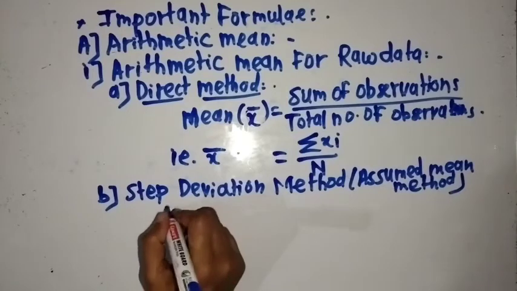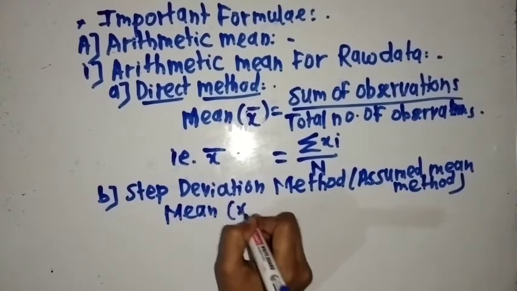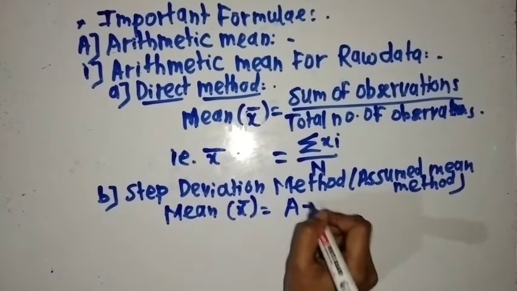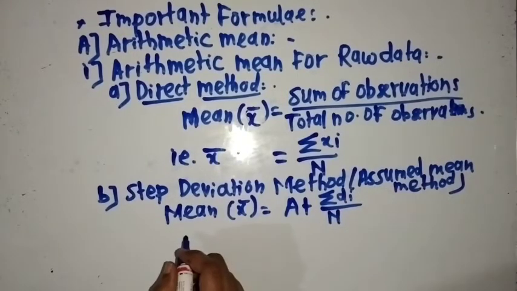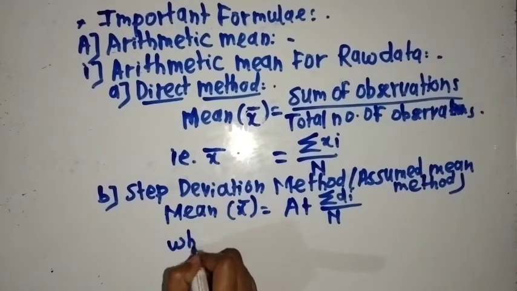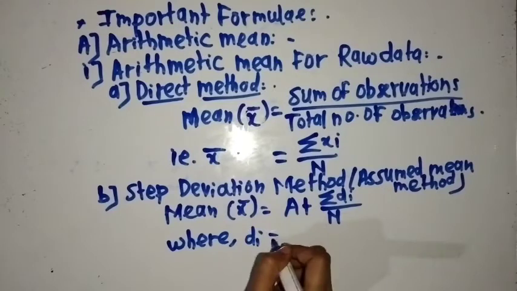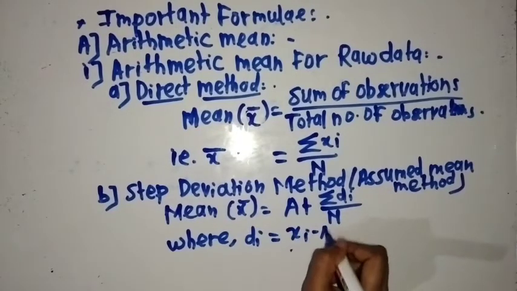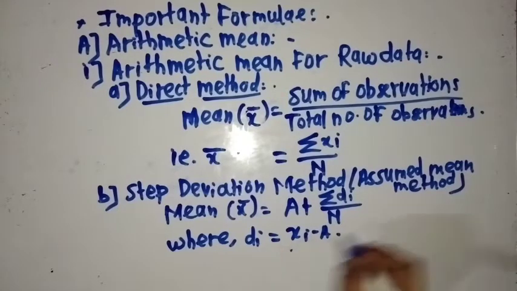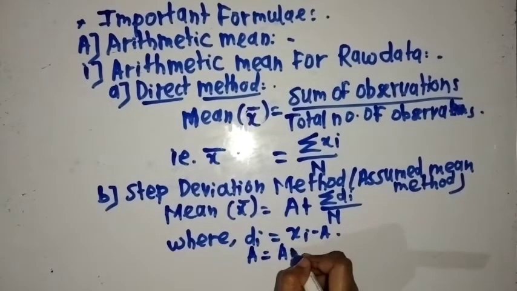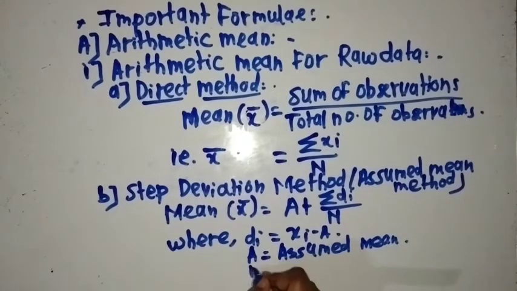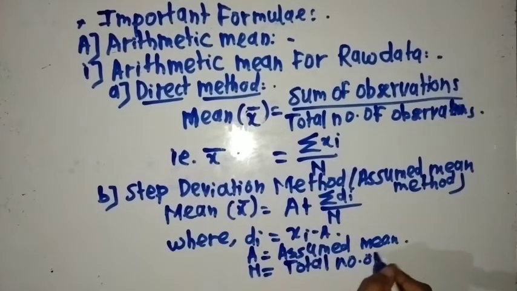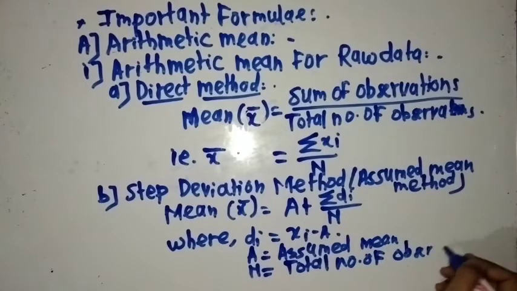So here mean x bar is equal to a plus summation of di upon n, where di is equal to xi minus a, a is equal to assumed mean, and n is the total number of observations.